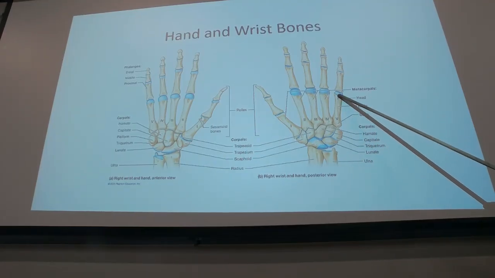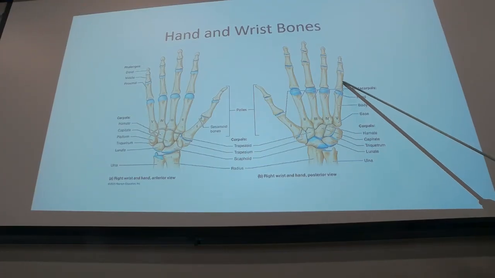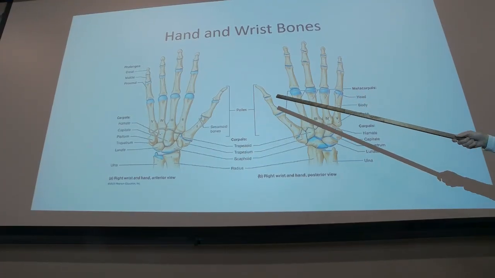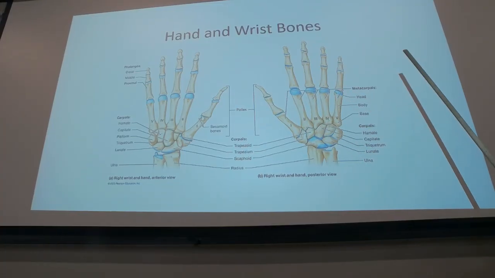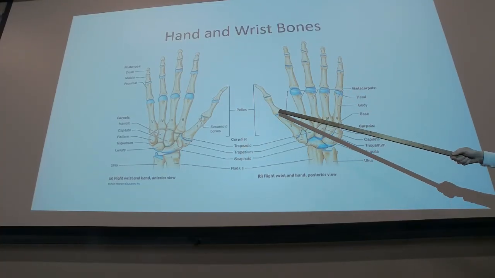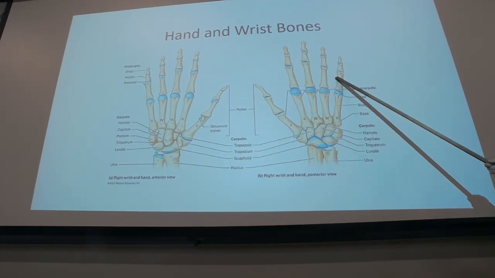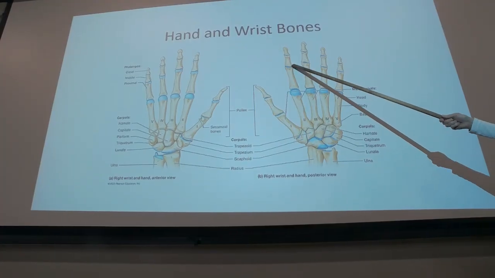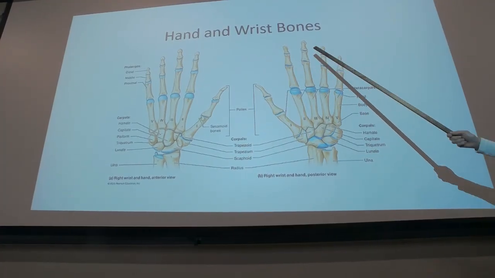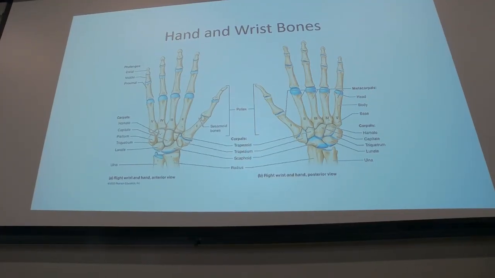And now the heads of these metacarpals articulate with the phalanges. Every finger, which are numbered 1 through 5, has proximal phalanges. So these are the proximal phalanges. And fingers 2 through 5 have middle phalanges.